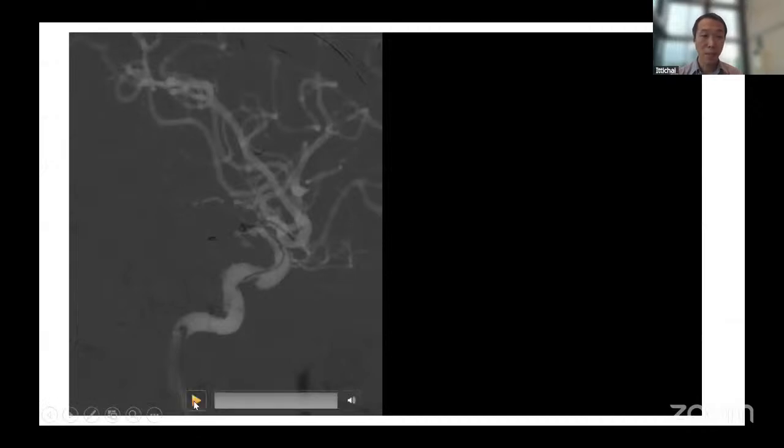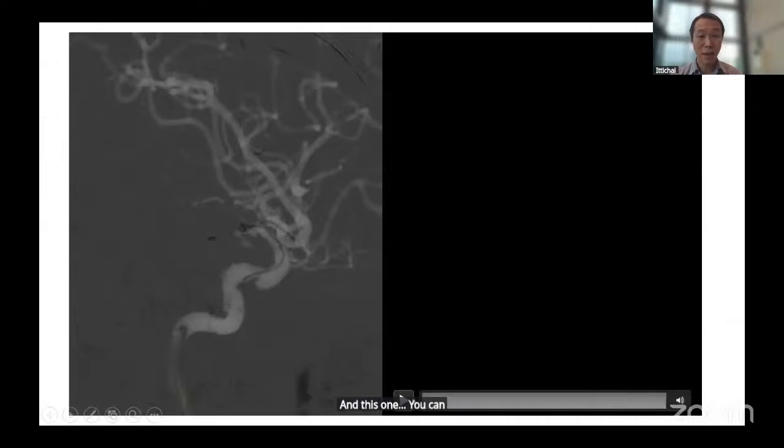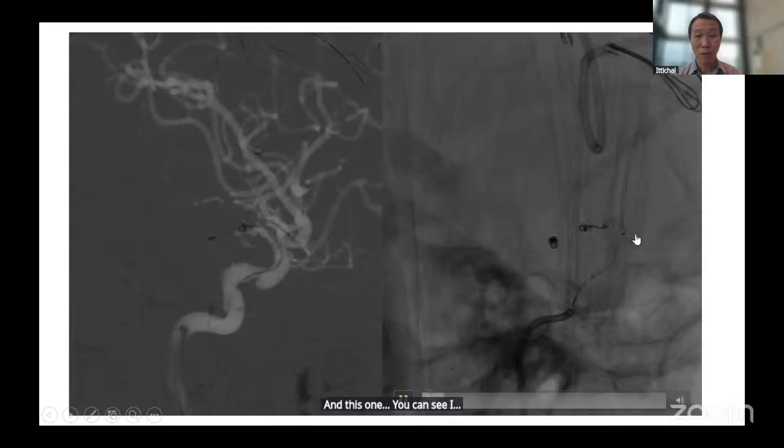You can see I deployed the stent and retrieved the coil that protruded in the vessel, to bring it down into the intermediate guiding catheter.